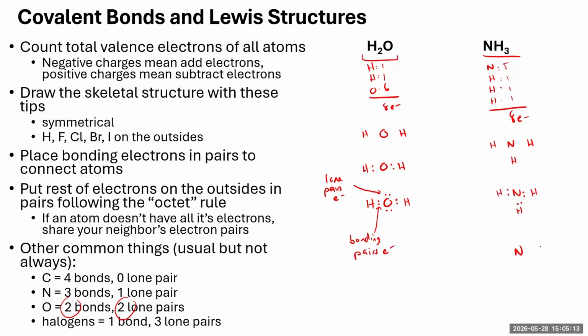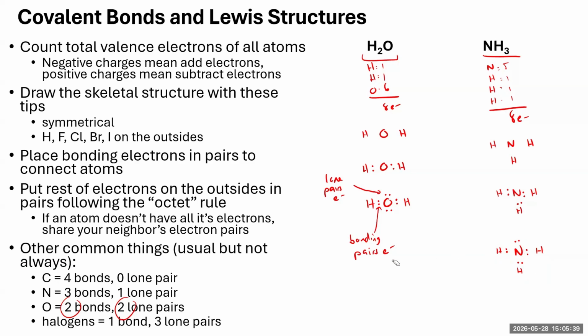And then we have to put all the other electrons, which are only 2. Hydrogen can't hold any more, so we put them on the nitrogen. Happy, happy, happy, and happy. So we don't do anything else.